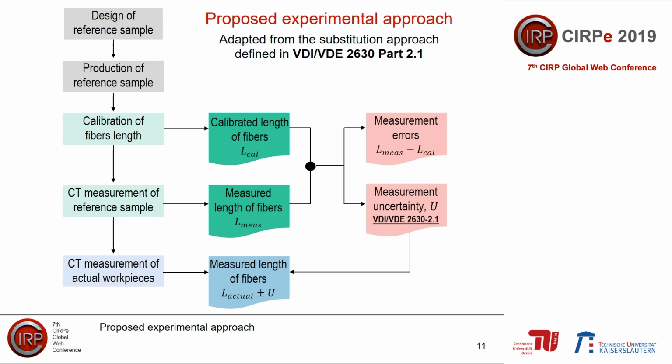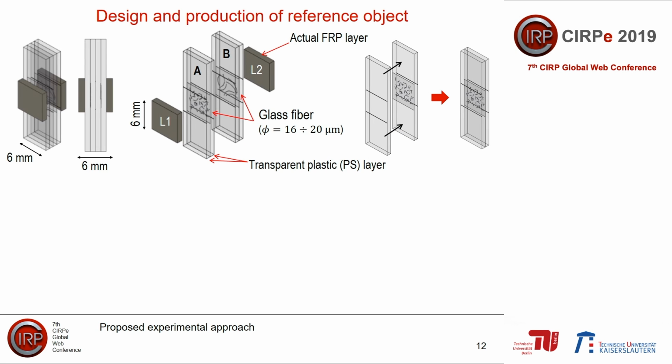In particular, the reference object was conceived as an assembly of 4 subcomponents. The subcomponents A and B are both characterized by individual fibers arranged between 2 thin, transparent polymer layers.